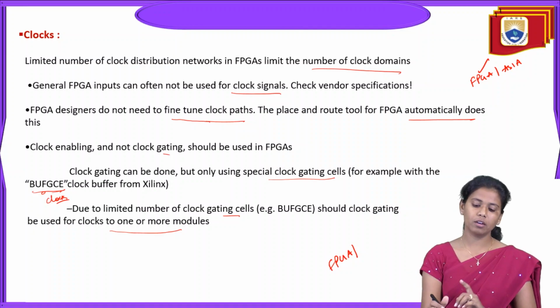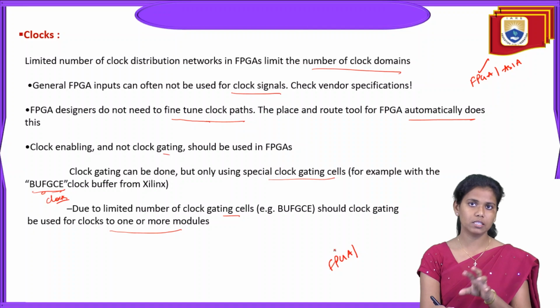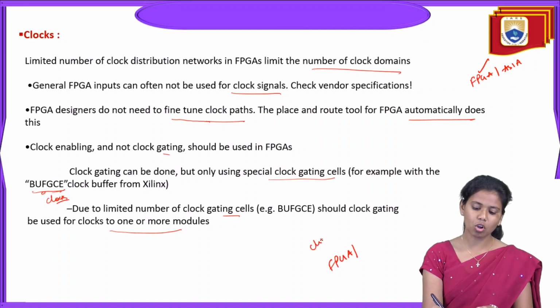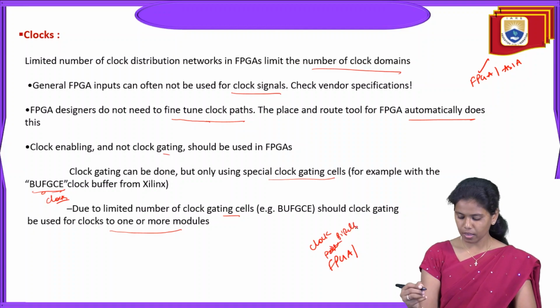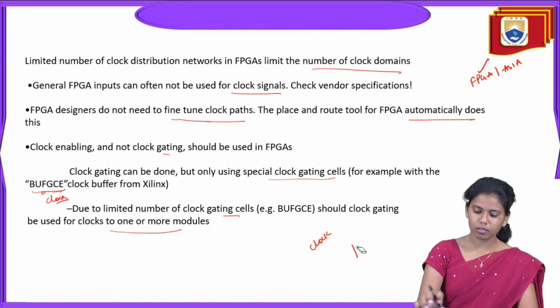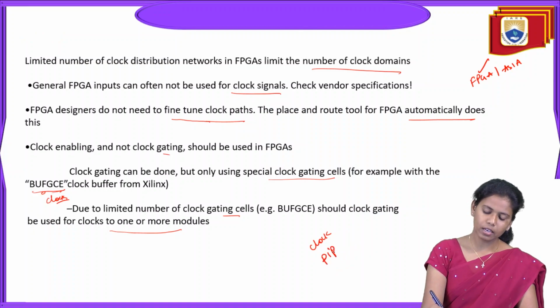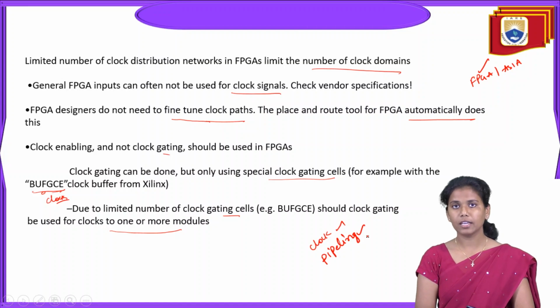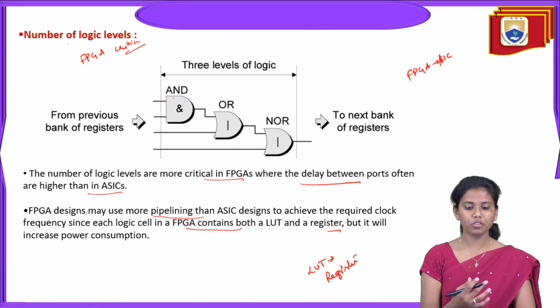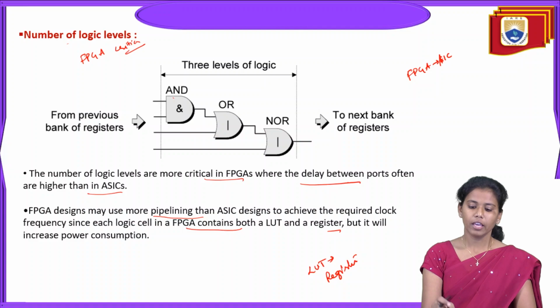One of the more advantageous things in the FPGA is clock and pipelining. I can say clock signal pipelining are the two major things you can consider if you are going to design your product in the FPGA.